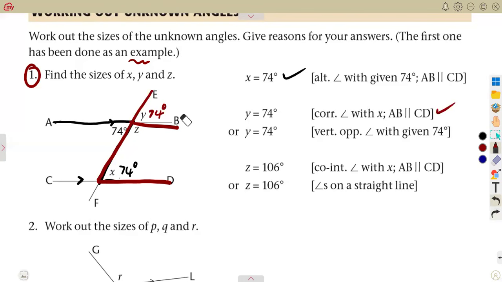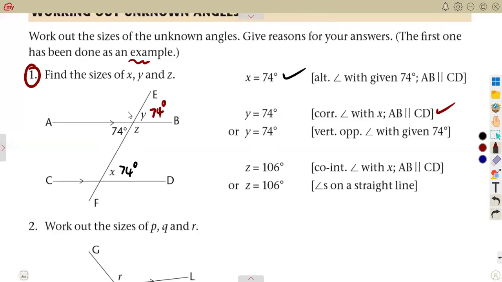Or besides the corresponding angles, we can see that these two lines cross each other like this. So remember, vertically opposite angles, the angle here and the angle here, are equal. So this angle can also be 74 degrees because it is vertically opposite to the 74 degrees that we are given. So there are many ways that you can use to answer that.